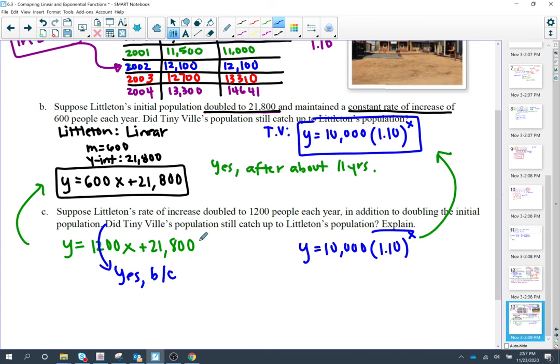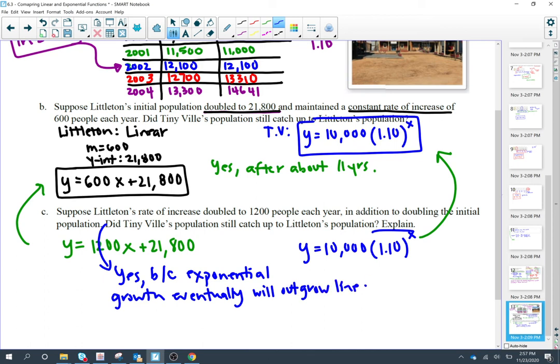Because, that's my abbreviation for because, exponential growth eventually will outgrow linear. Okay, and that's every single time. It might take a little while, but eventually exponential growth is going to get bigger than linear.